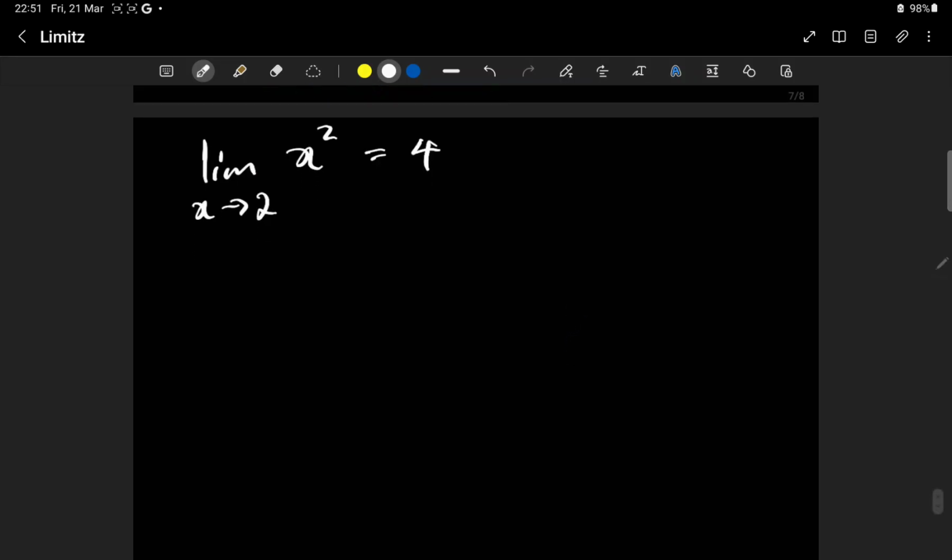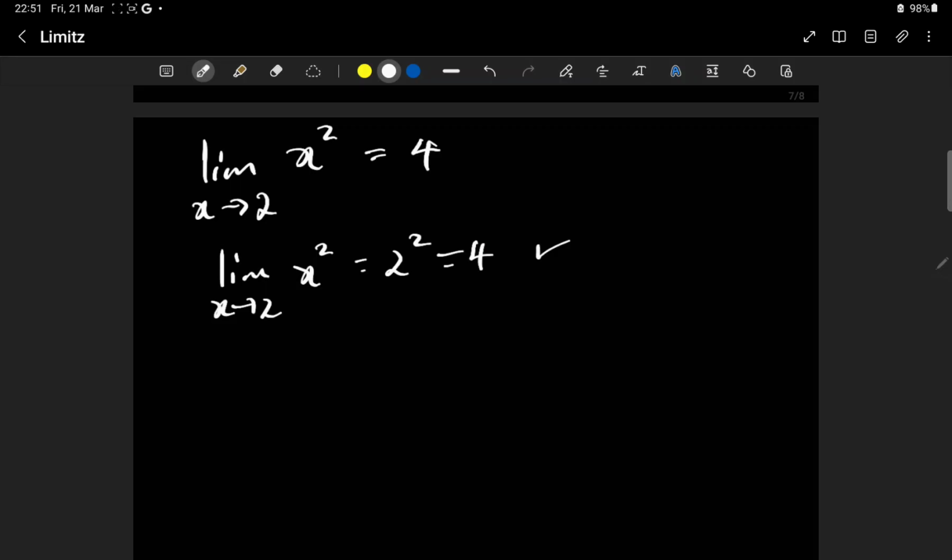Now, someone can say, isn't it that the limit as x tends to 2 of x squared is 2 squared, which is equal to 4? And they are right. You can look at it like this. So it looks like we have substituted x to be equal to 2, and then we have 2 squared, which is 4.